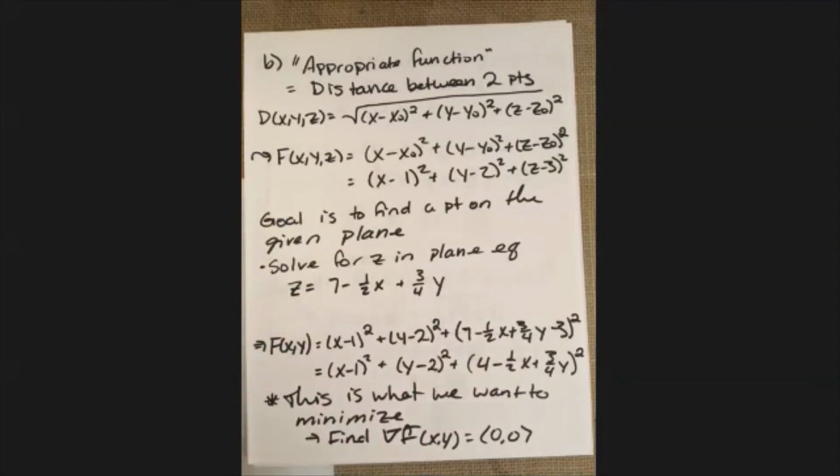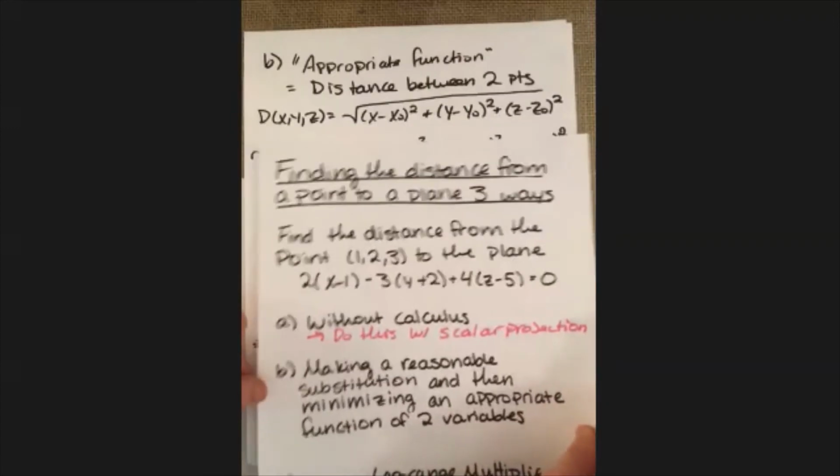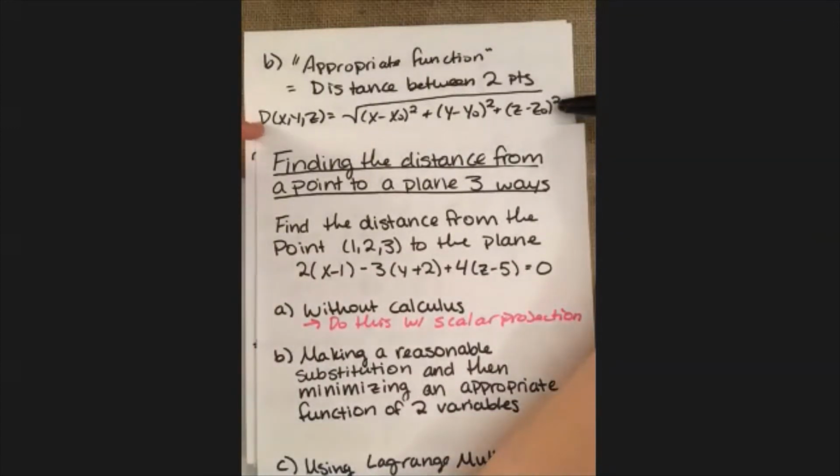And we're going to see here in a little bit, when we work with Lagrange multipliers, there are two ways to deal with a constraint that you've been given. When we look at this problem, we can think about this as, okay, we have a function we're trying to minimize, and then we have our plane that is our constraint.